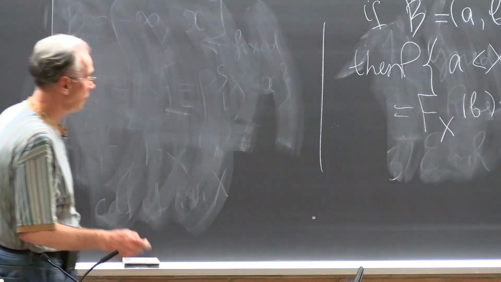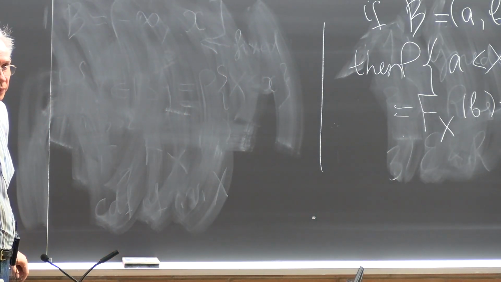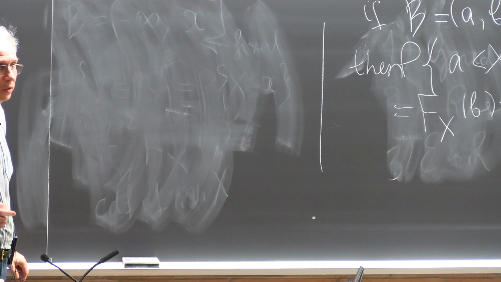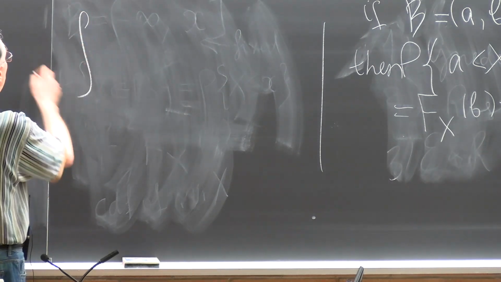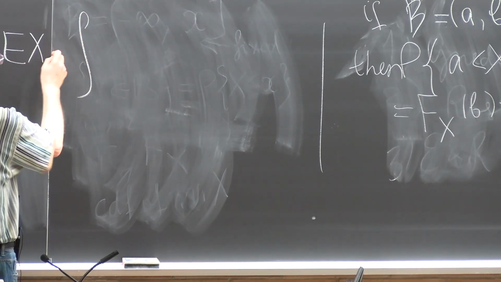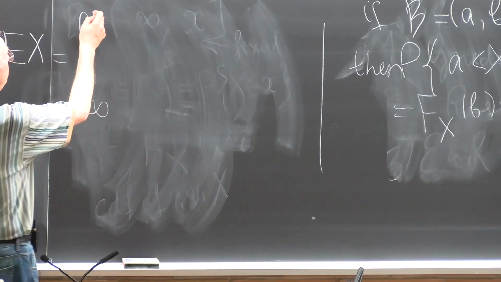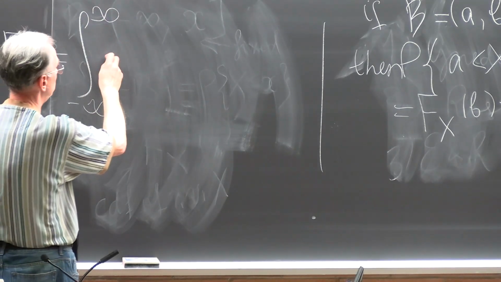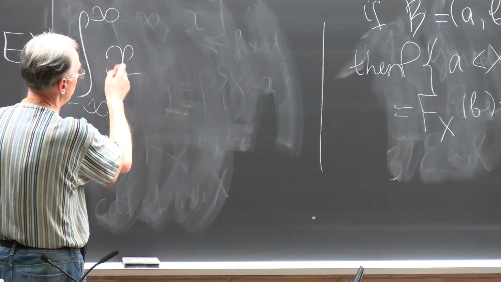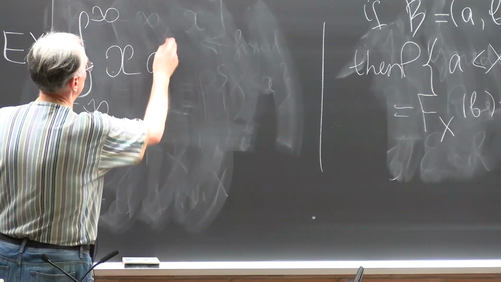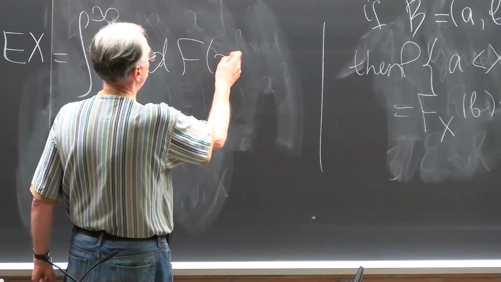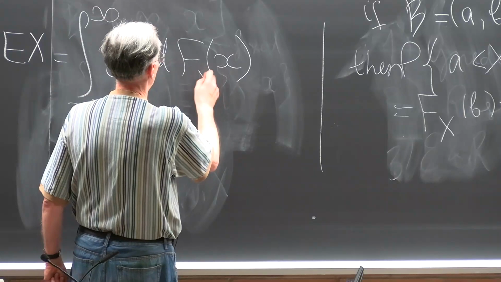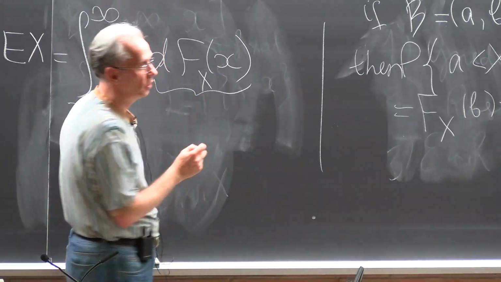What we really have here is that we integrate from negative infinity to positive infinity the function x with respect to a probability measure.